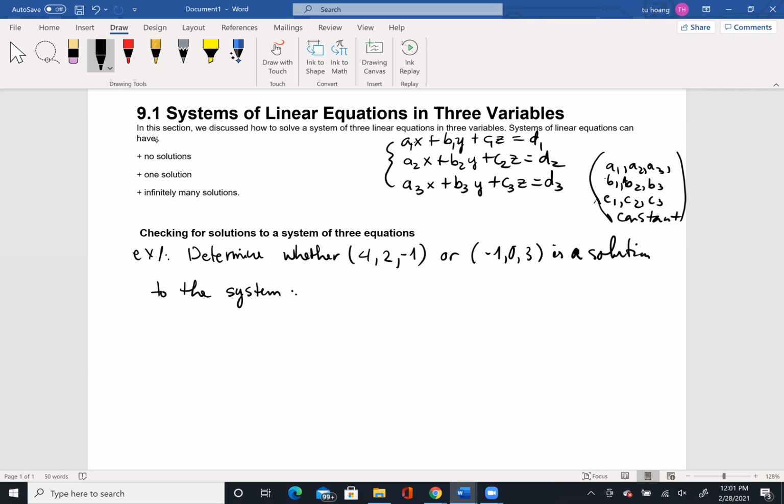So the system in here is 2x minus 3y plus z equal to 1, x minus 2y plus 2z equal to 5, and then 2y plus z equal to 3.